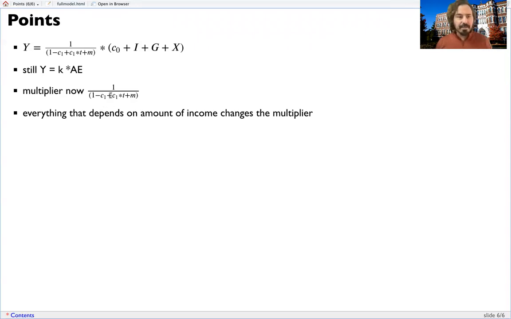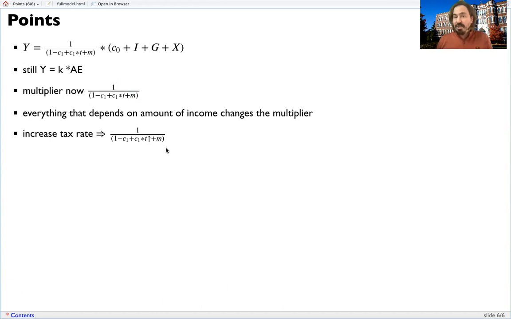So we have our taxes affecting how much we spend with the amount of income. It changes how the total amount of taxes changes with the amount of income. So that is now in the multiplier, and the amount of imports changes with the amount of income. So that is now in the multiplier, right? Everything that depends on the amount of income is in that multiplier.